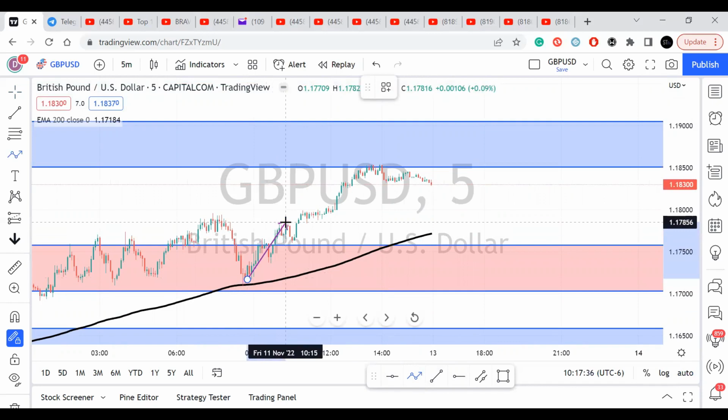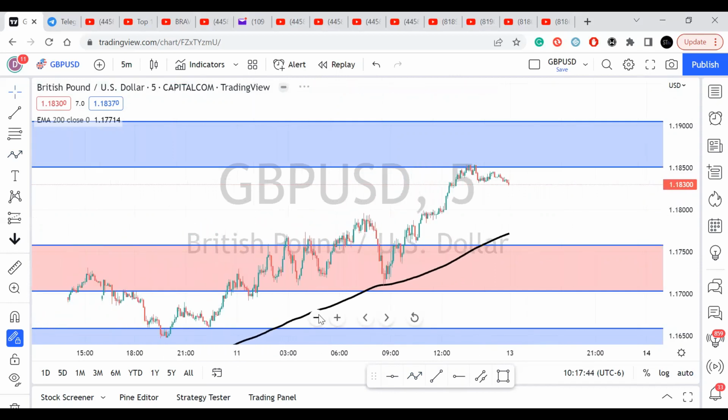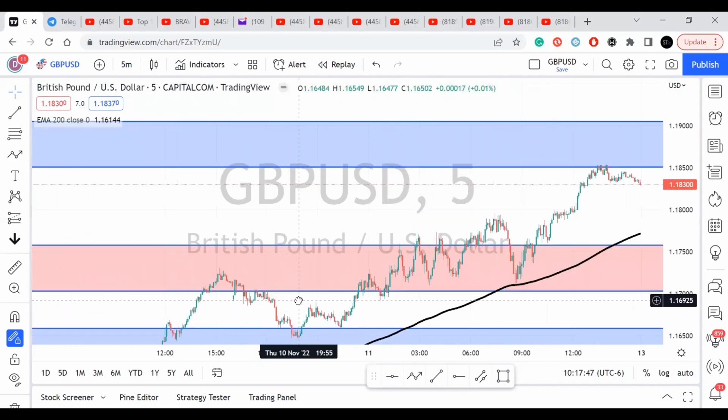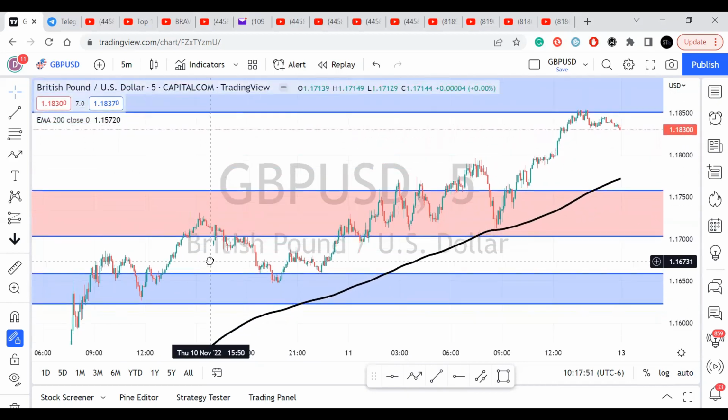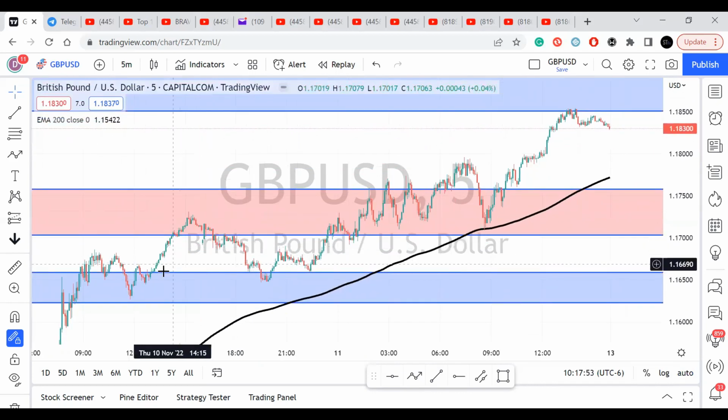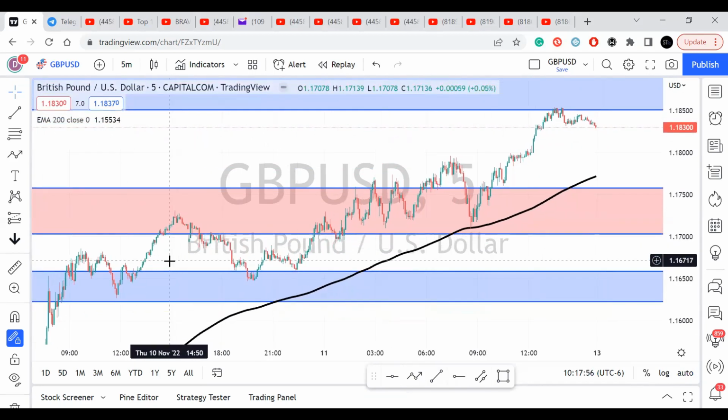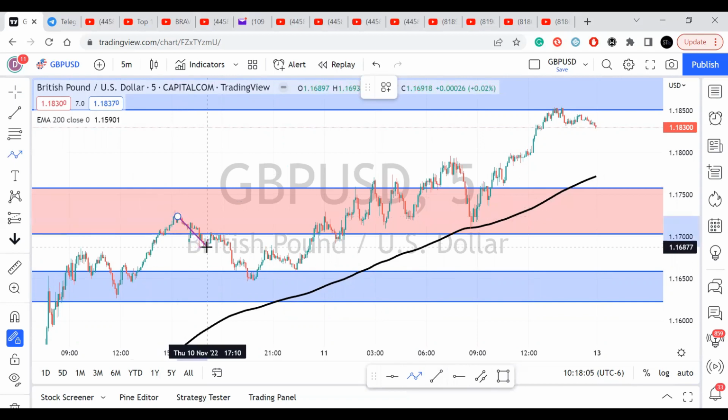So you see that we are already having this. Let me start it off from here. When price came to this daily high, we had a sharp drop because price was coming to retest this zone.